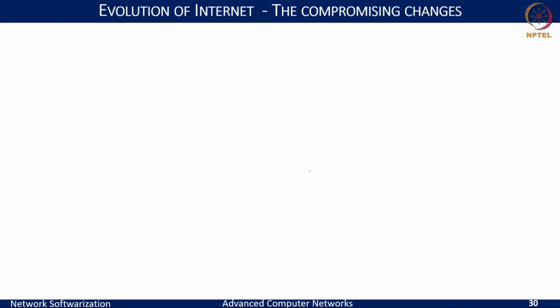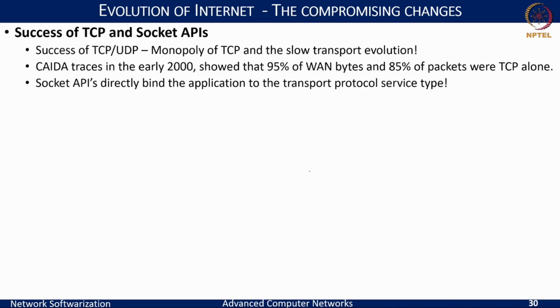Besides, we also need to consider, as the networks evolved, what other compromising changes occurred. And we can see that there were several compromising changes that made us drift from the initial principles of networking. For example, consider the success of TCP and the socket APIs. So at one end, the success of the web and TCP/IP greatly helped scale to a larger audience, bringing diverse networking services.